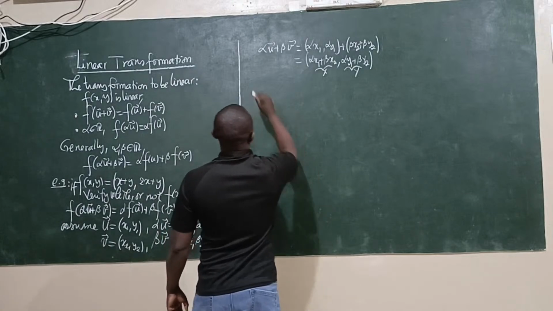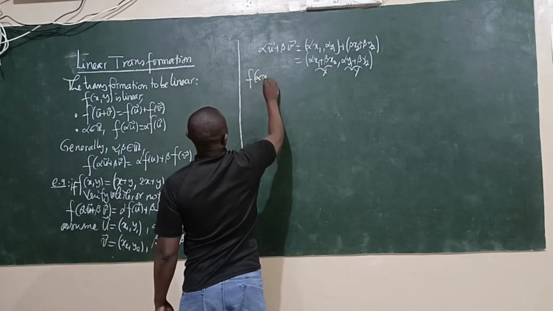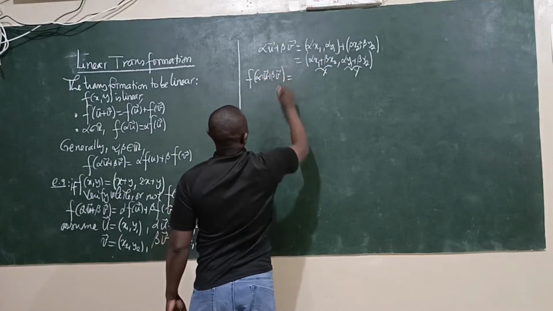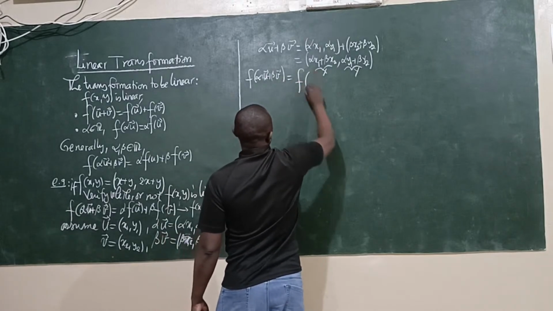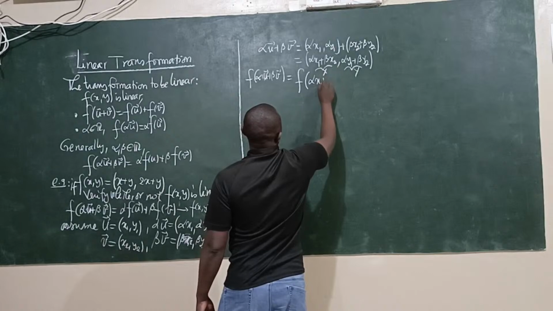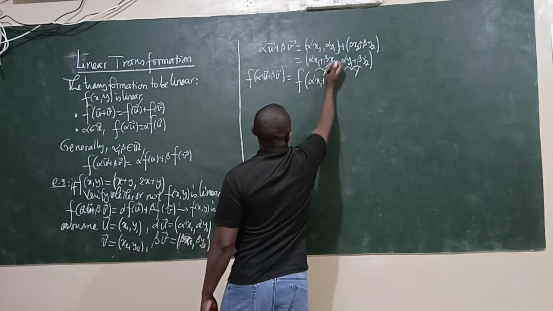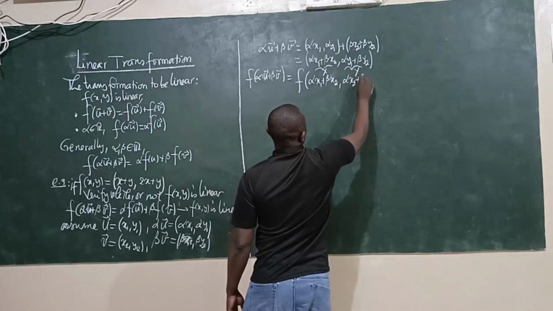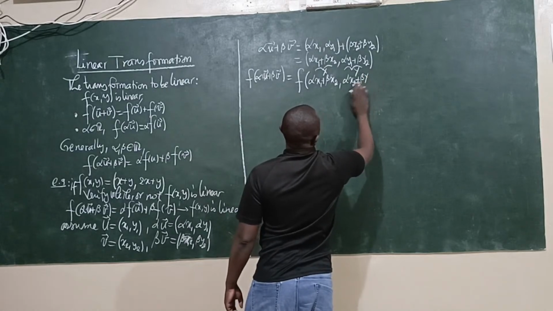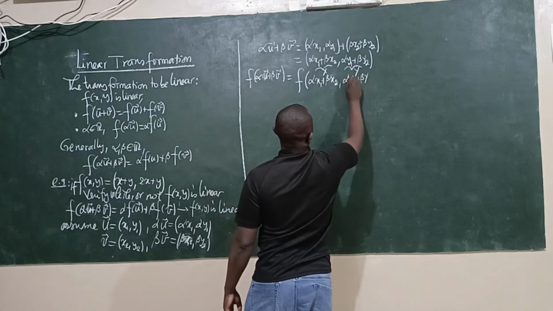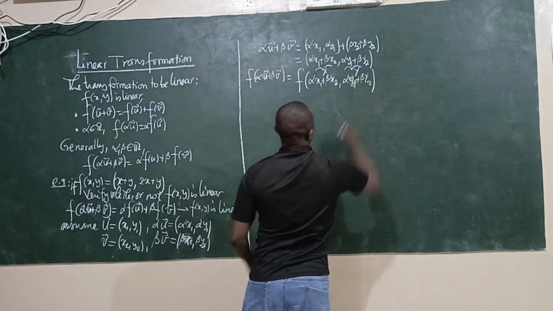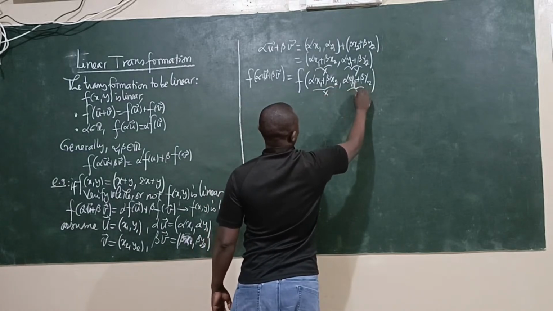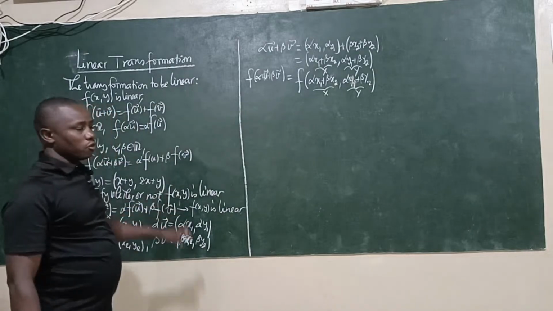Now we have f of alpha u plus beta v. This is going to be f of alpha x1 plus beta x2, comma, alpha y1 plus beta y2. As you saw, this is going to replace x and this to replace y in the given transformation.